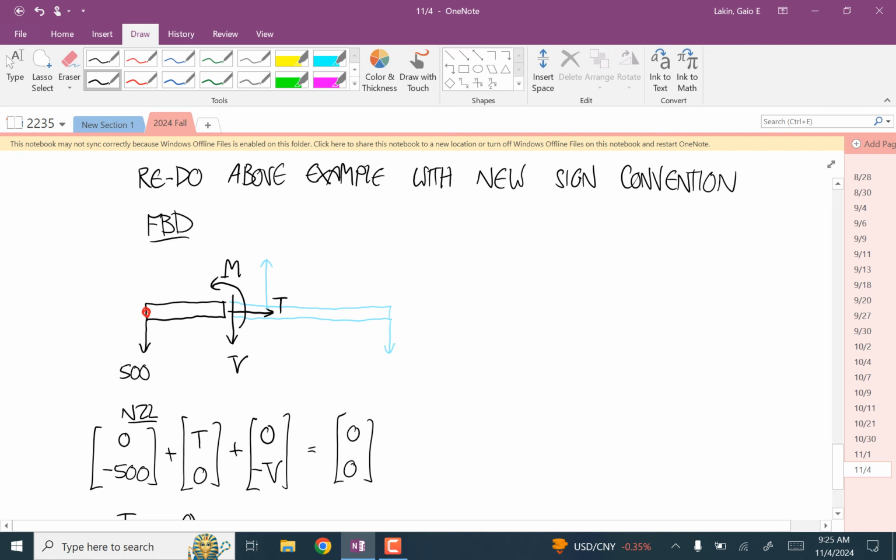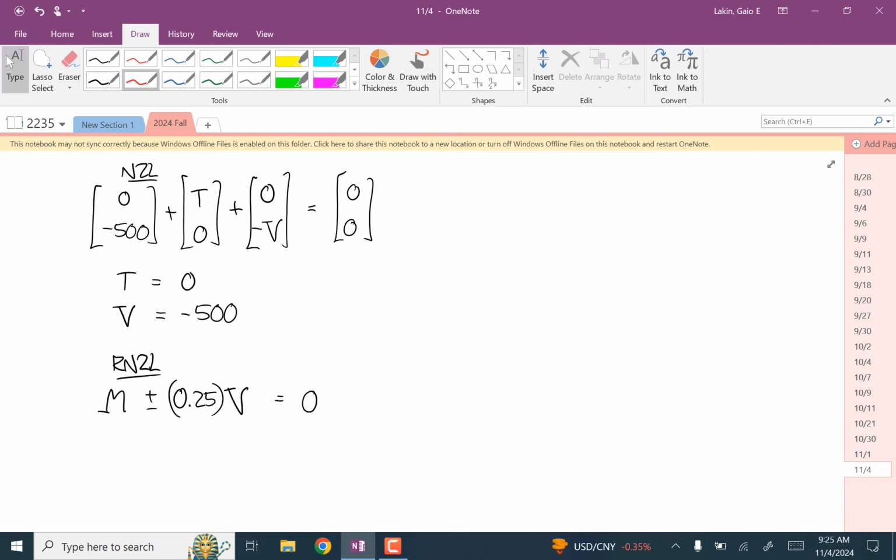Always think of the direction of rotation based on the direction of the arrow. So if you have a force going down, it's going to cause a clockwise rotation around that red dot. And so here we're going to take the negative, and so we get M is equal to 0.25 times negative 500.